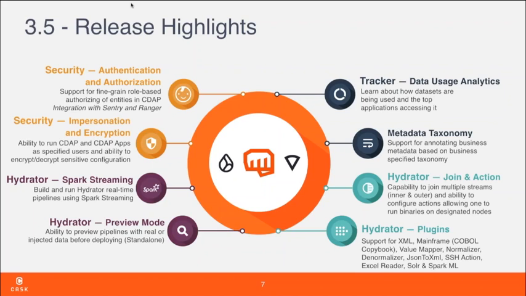From a tracker perspective, many of our customers, when they were looking at all of these different data sets that were in the cluster, one of the problems they were constantly seeing was how the different data sets are being used and who is using them? So with release 3.5, we have added a capability for generating analytics around all of these different things.